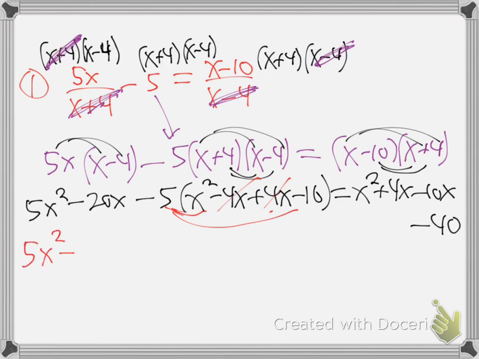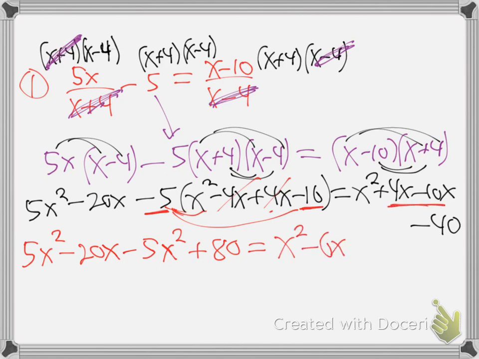So 5x squared minus 20x minus 5x squared plus 80. Minus 5 times minus 16, that's plus 80, equals x squared plus 4x minus 10x is minus 6x minus 40.